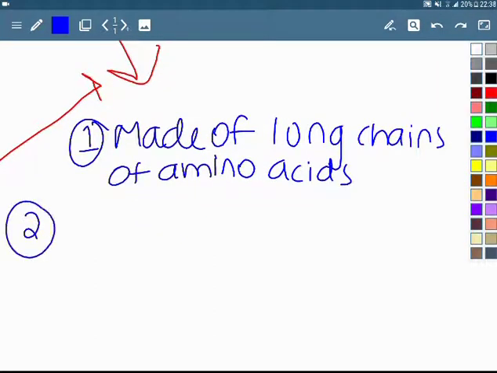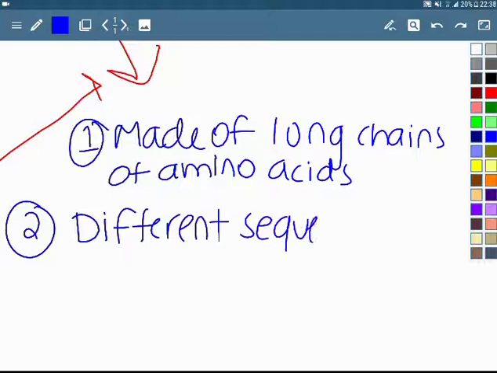So different sequences. So let's say I'm going to write it, then I'm going to explain.